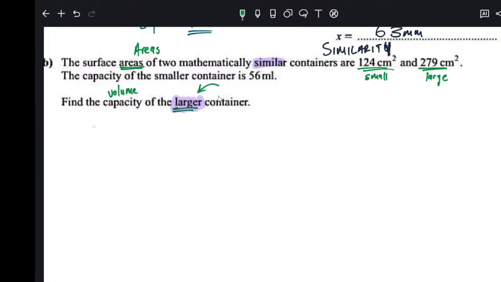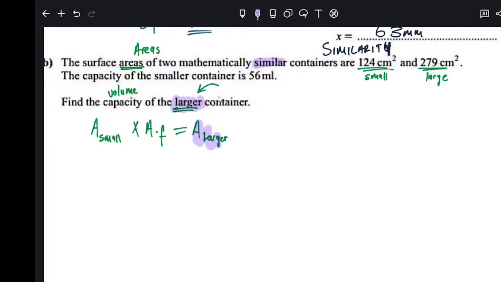So you're going to start with the small one because he has everything. So you say area of small times area factor. Why am I using area factor? We are dealing with areas. This will give me area of the larger. Sir, why did you put larger one this side? Because we know in step 2, we will be looking for him. He is the one who has something missing.